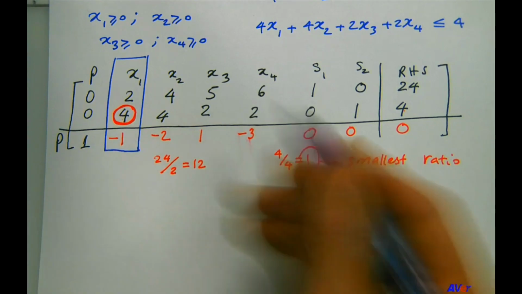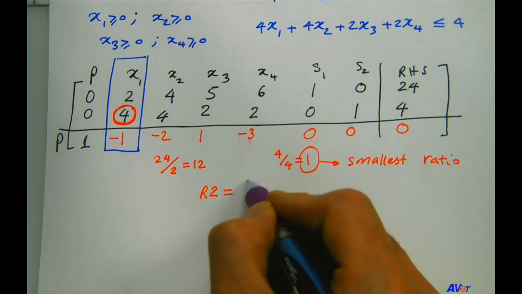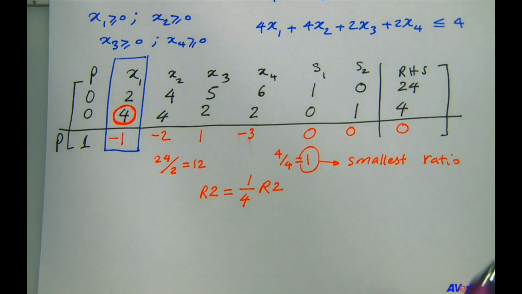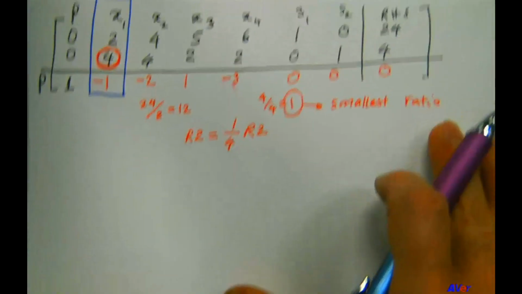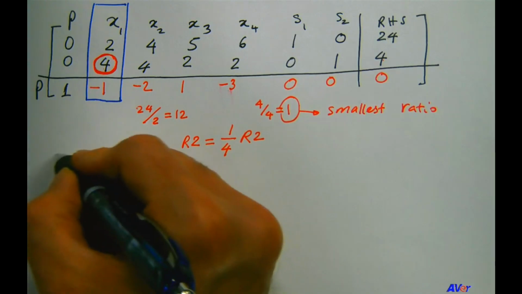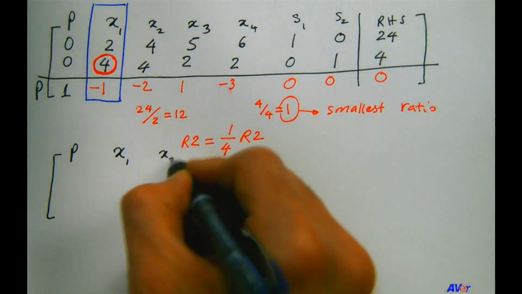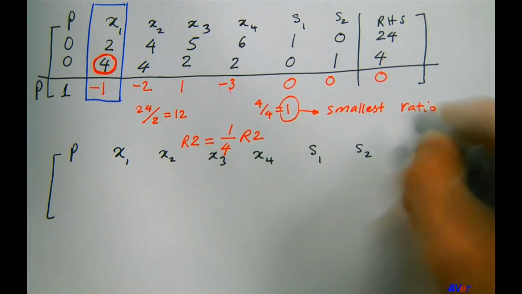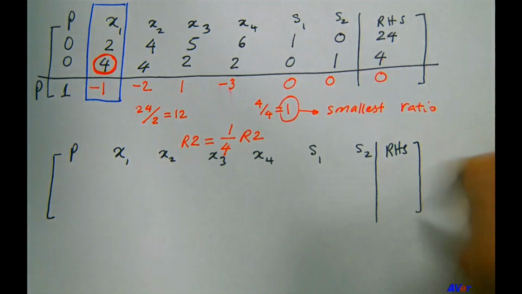So we need a row operation to convert the pivot element to 1. I'm sure you know which row operation that would be. That would be row 2 equals 1 over 4 times row 2. Right? Okay, so let's do that. Let's write down the next tableau. I'm assuming that you've already done this, so I'm going to do it. So P, x1, x2, x3, x4, s1, s2, right-hand side column.